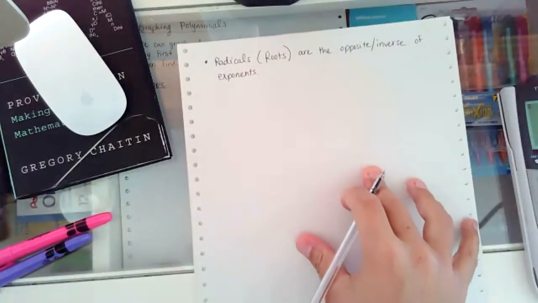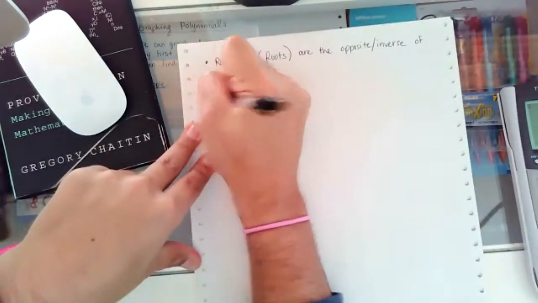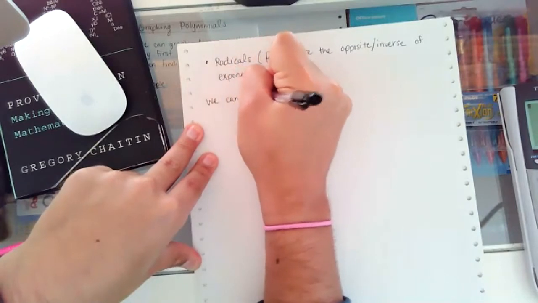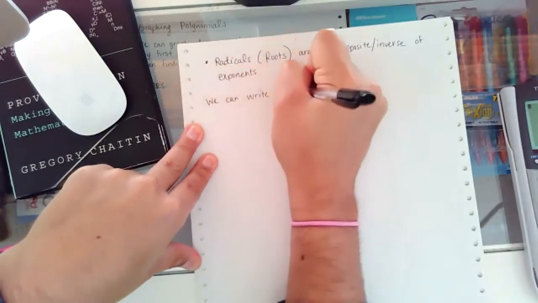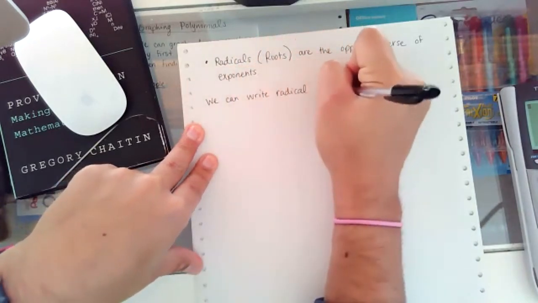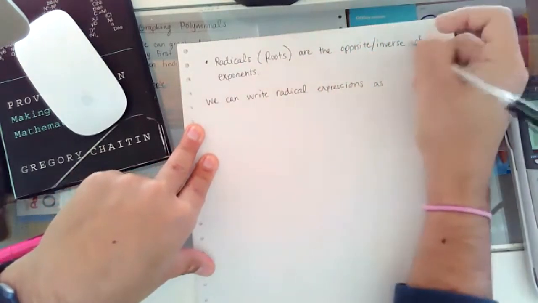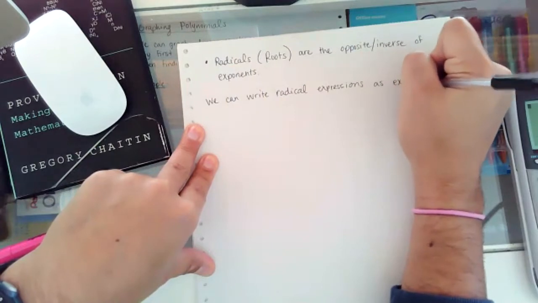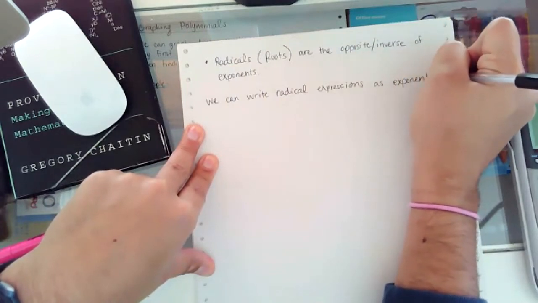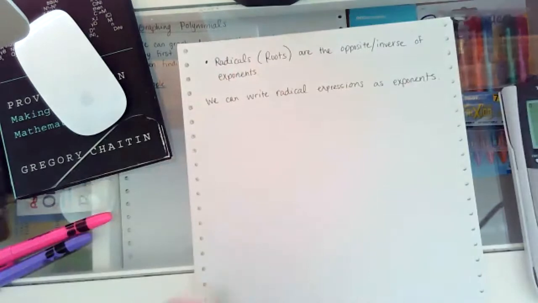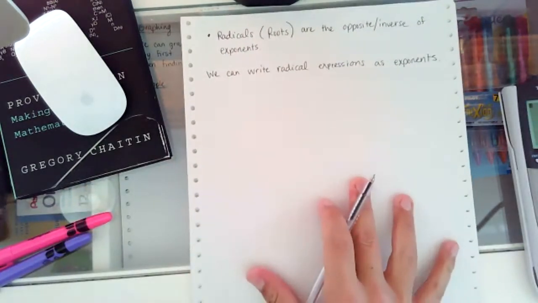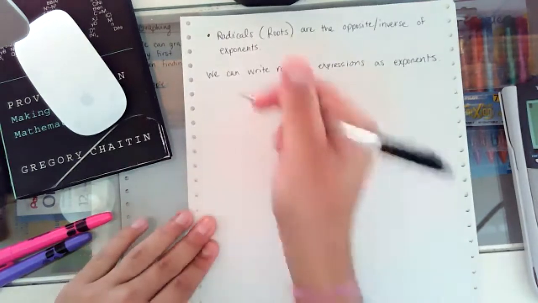In fact, we could write radical expressions as exponents. And so we'll have some homework problems that will say, write this as an exponent expression. Write this radical expression as an exponent expression.